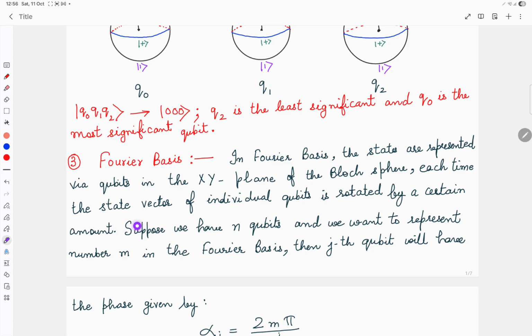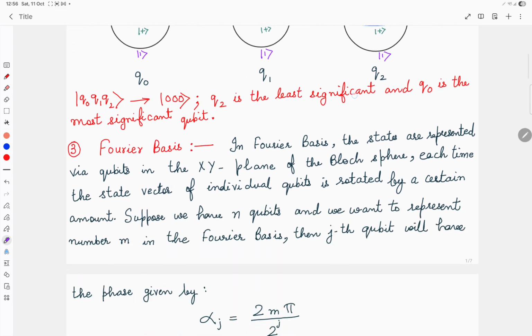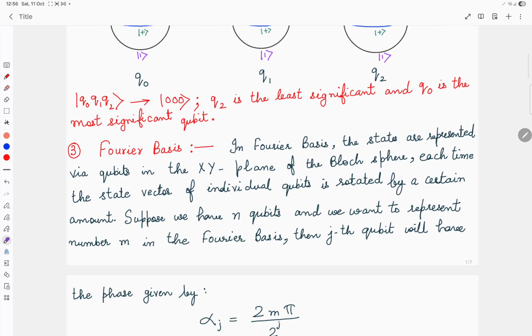Now, each time the state vector of individual qubits is rotated by a certain amount, right? So in the Fourier case, the computational basis, which we will term the Fourier basis, will be represented by the positive x-axis or the negative x-axis, and the state vector will lie in the xy plane.